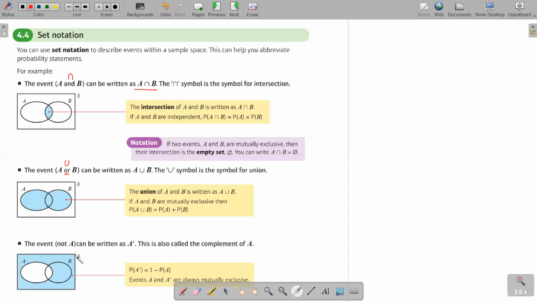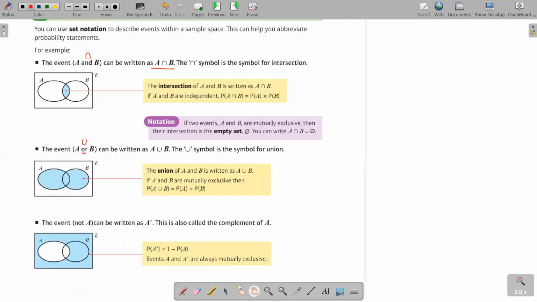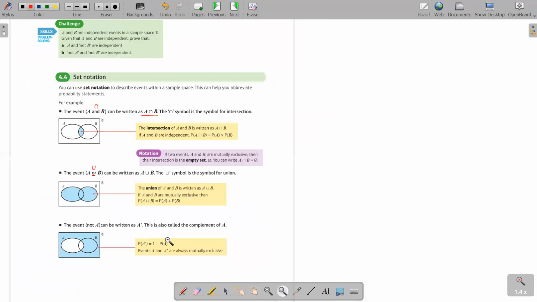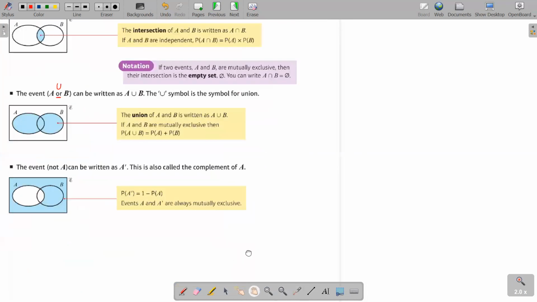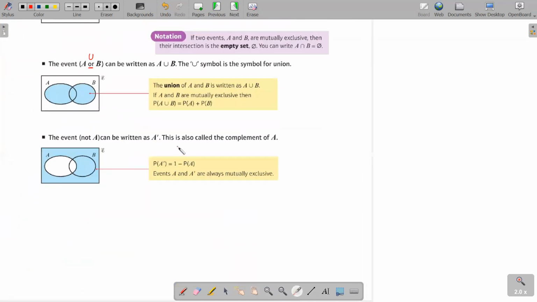So this is the event not A, which can be written as A dash. This is also called the complement of A. Other than A, you color everyone.